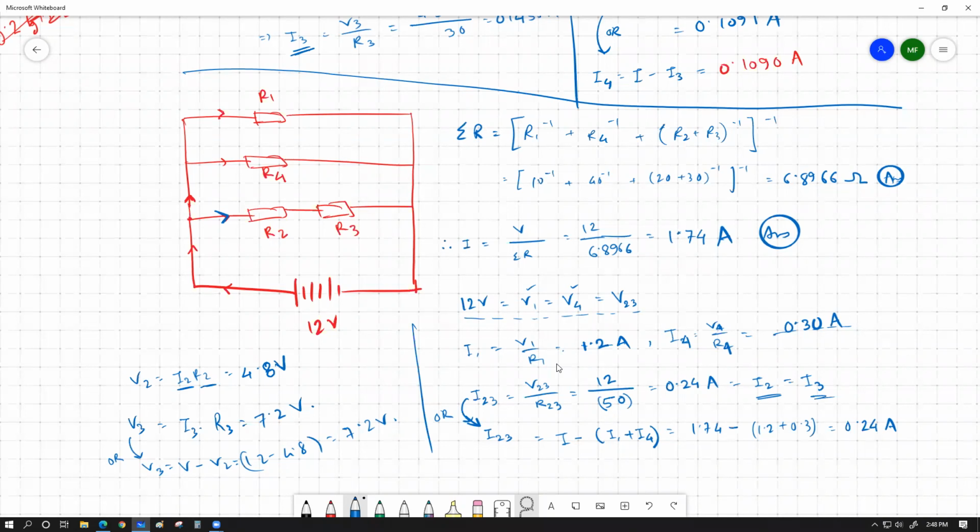Once again, if you are trying to write your answer in 3SF, but you have a value of 0.24, what do you write if you want it as 3SF? 12 by 50 gave me exactly 0.24, there is no variation of it.